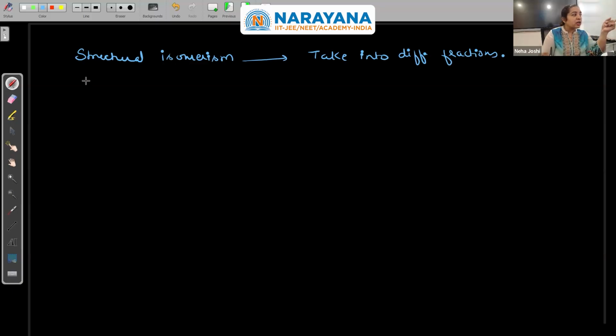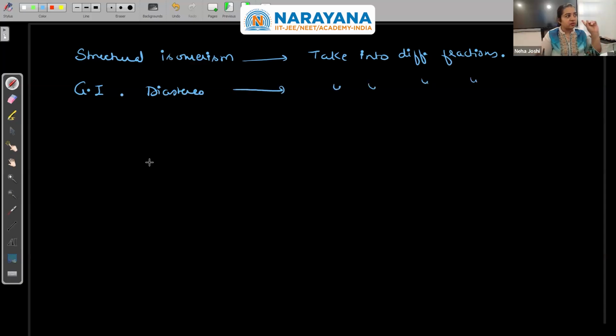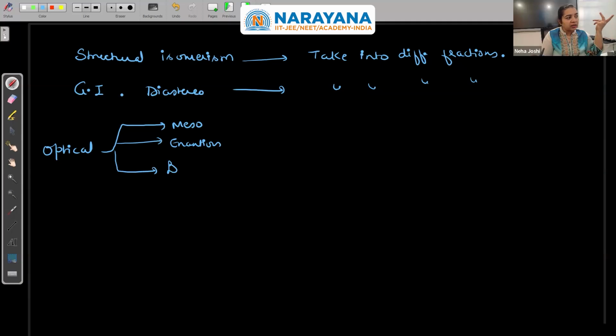If we are talking of different geometrical isomers, then they are diastereomers. Yes, so 2 fractions. Take into different fractions. If I am talking of optical isomers, they could be a combination of meso, a combination of 2 enantiomers, or a combination of other diastereo combinations.